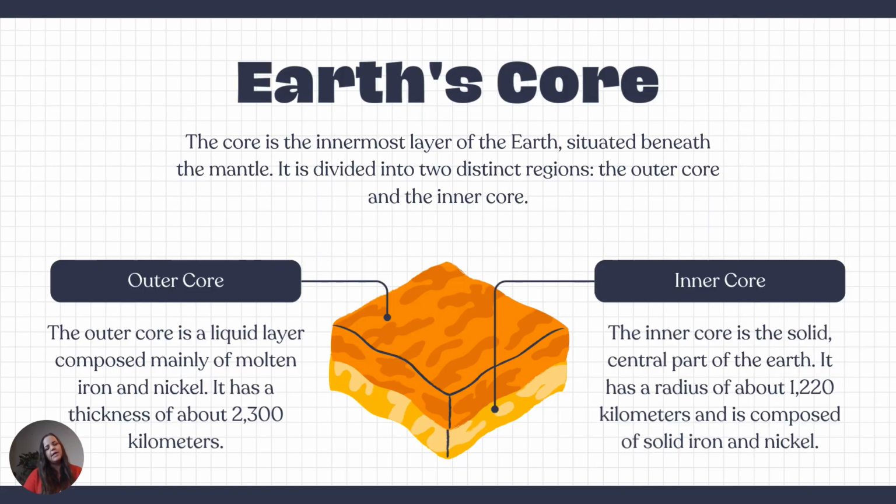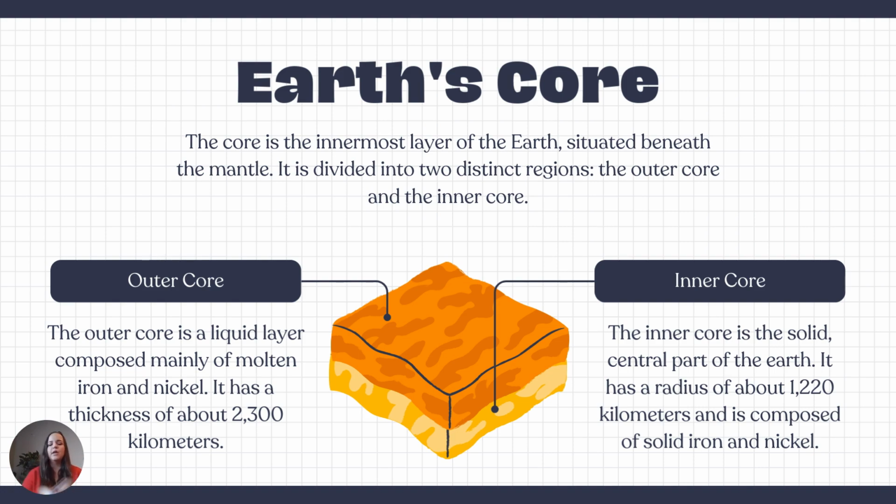So when we start diving into the Earth's core, again, we have the outer core and the inner core. The outer core is our liquid layer, and it's mainly molten iron and nickel. It has a thickness of about 2,300 kilometers. And then our inner core is a little bit smaller than our outer core, and it's solid. And the reason that it's solid is because there's too much pressure at that depth for anything to move.